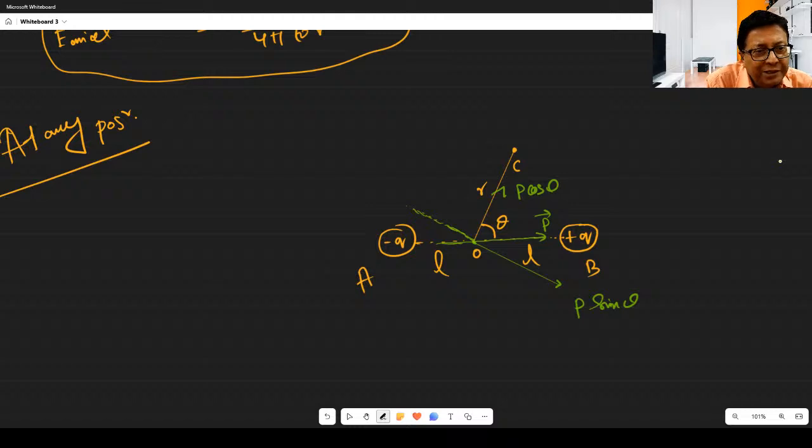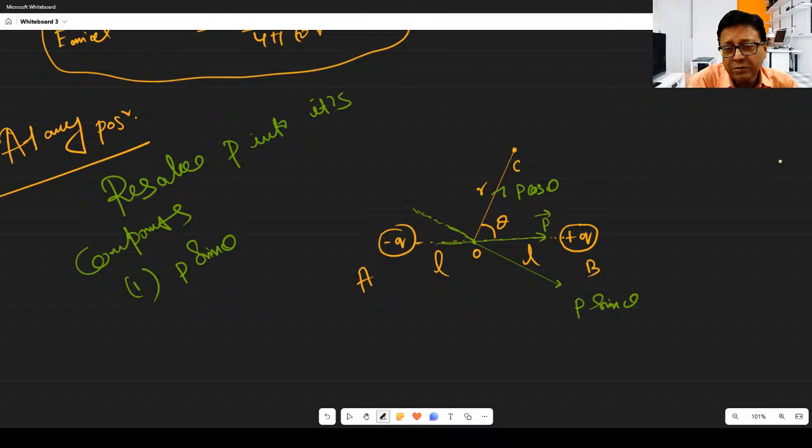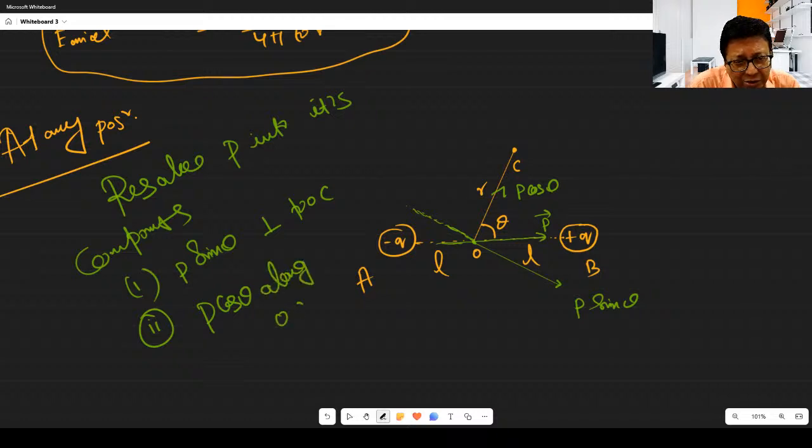So, in the figure, resolve P into its components. Number 1, P sin theta perpendicular to OC, P cos theta along OC, isn't it?